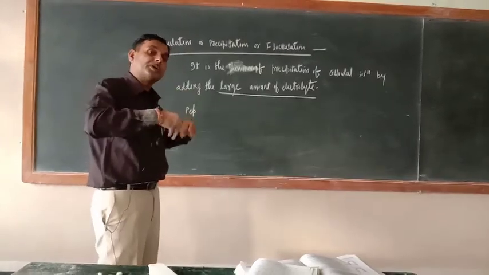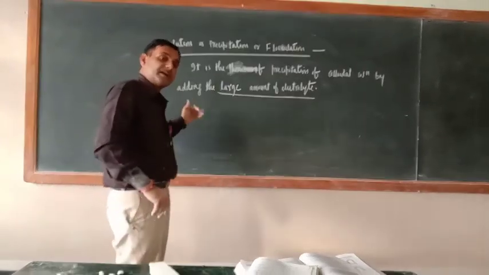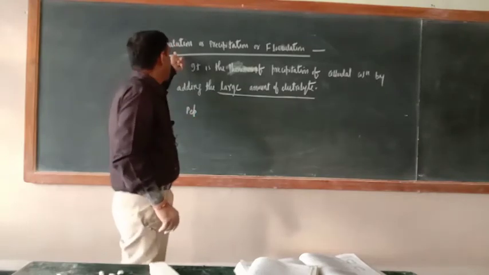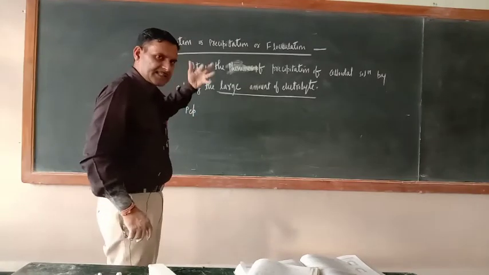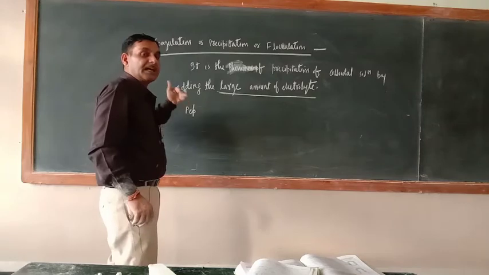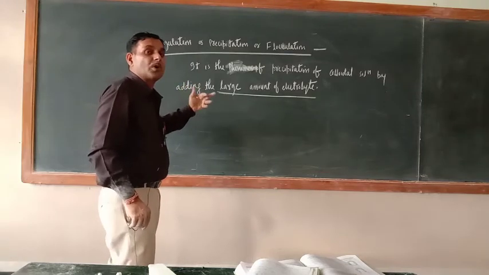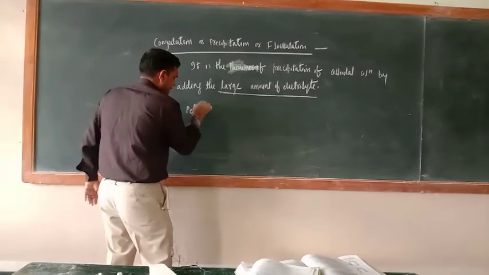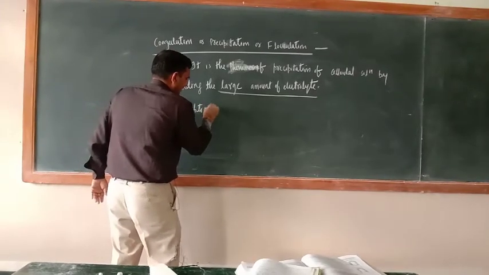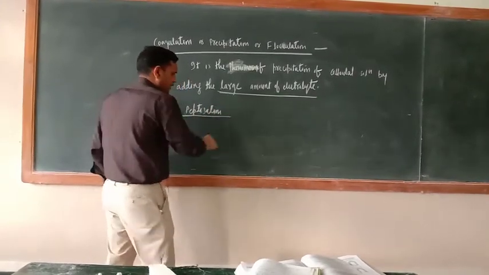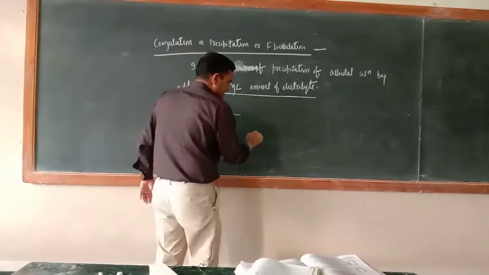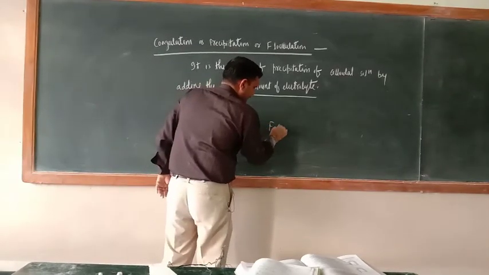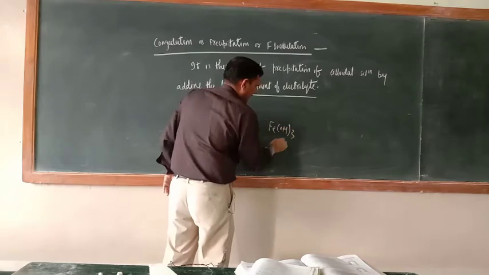Now I have to teach both. First I have to remind you of peptidation, and then I have to teach coagulation. Let us see how peptidation helps in the stability of colloidal particles. Suppose this is the freshly formed precipitate of iron hydroxide.